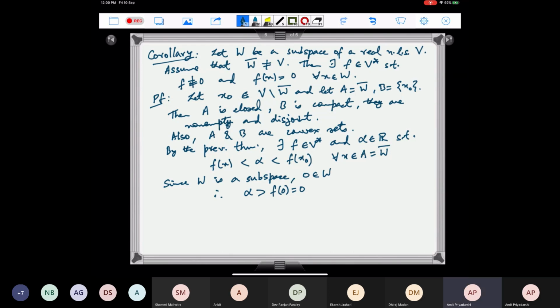So if f is non-zero, then at some point it will be some positive number, and then you can multiply by t to make it arbitrarily large. So therefore it cannot happen.